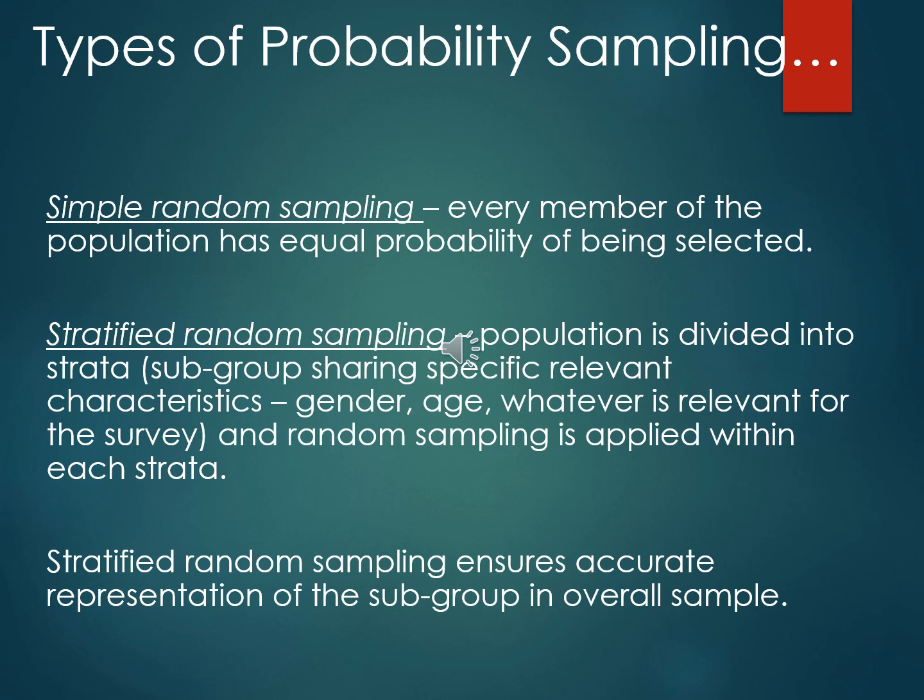There are two specific techniques, or actually more, but we are going to talk about only two. Two specific techniques to produce a representative sample. So that's probability sampling. Simple random sampling. So in this case, every member of the population has an equal probability of being selected.